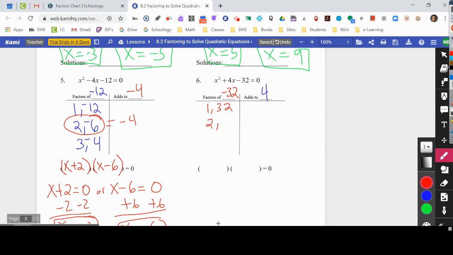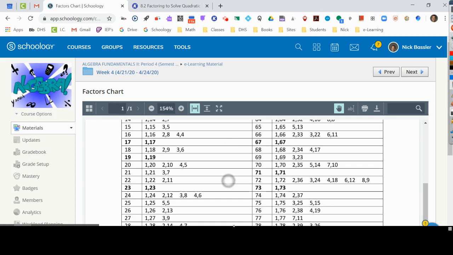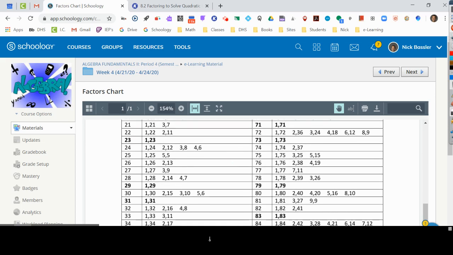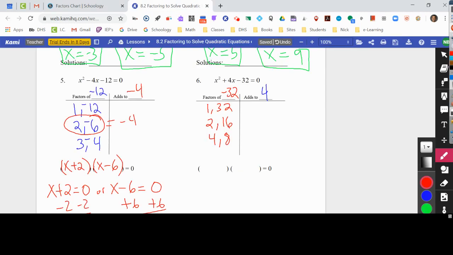We're going to have 2 and 16. And we're going to have 4 times 8. Again, if I don't remember all my factors, that's okay. I want you referencing this factors chart. So we find 32, which is down here at the bottom, and there you can see the 3 factor pairs.